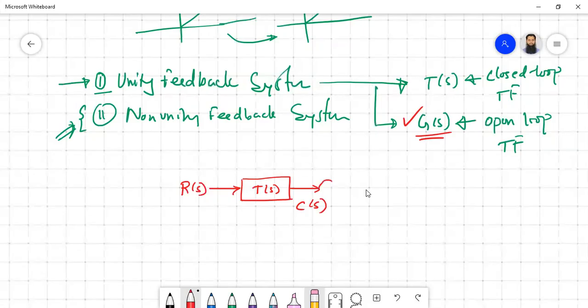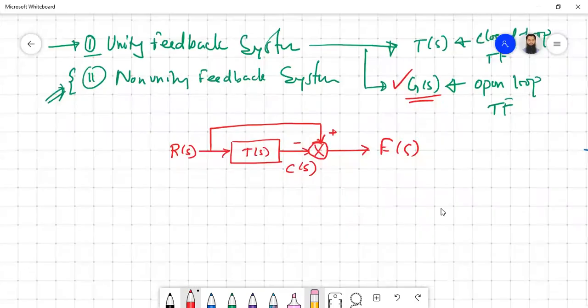So you can introduce a summing junction here, minus here, and bring it here, then plus. So R(s) minus C(s), this is your E(s). This is a block diagram representation for closed loop using the closed loop transfer function, which may be method 1.